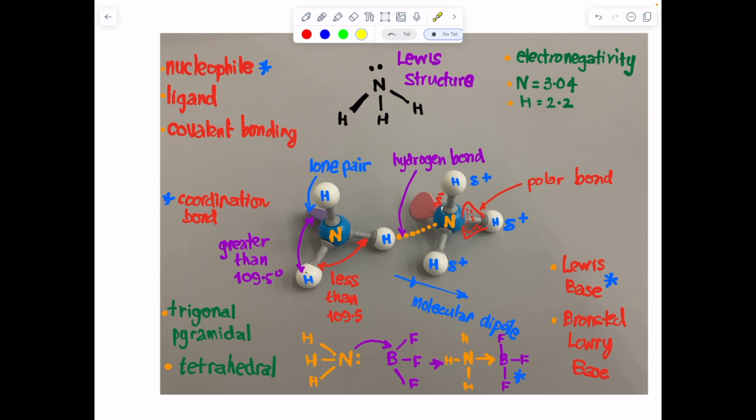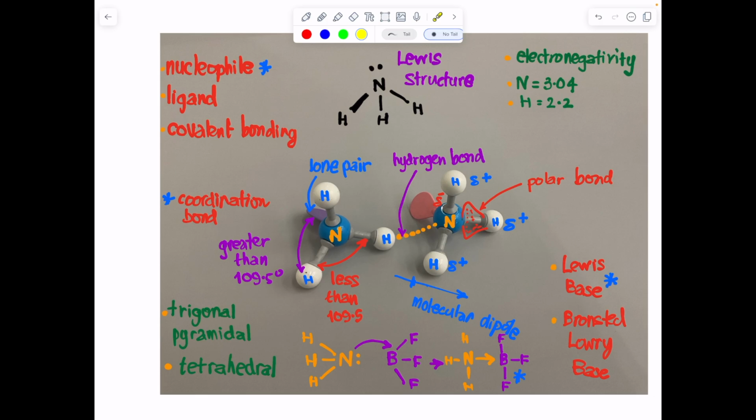And of course, we note that lone pair-bond pair repulsion is greater than bond pair-bond pair repulsion. So therefore, that is why the angles in this ammonia molecule would be different from a CH4, a methane molecule, which is a perfect tetrahedron. Here we'll have a slightly greater than 109.5, and here slightly less than 109.5.